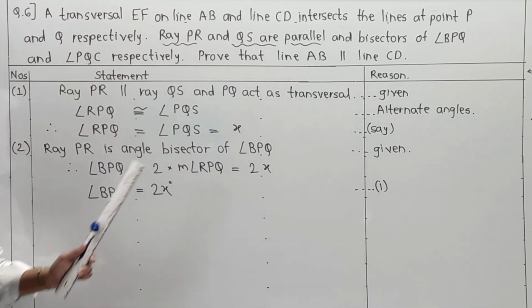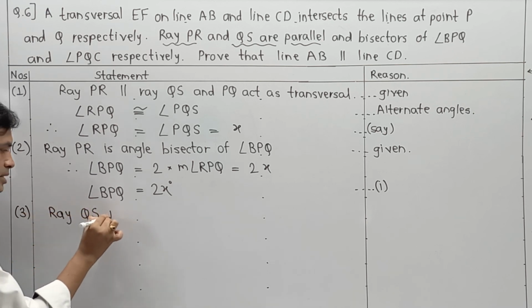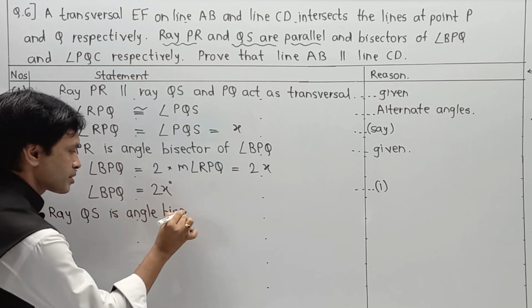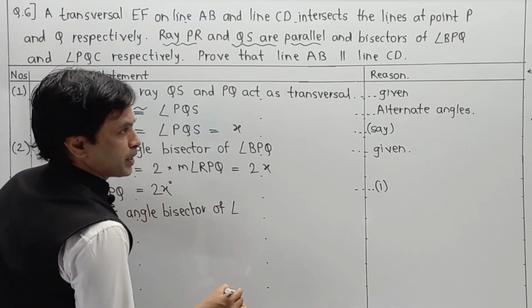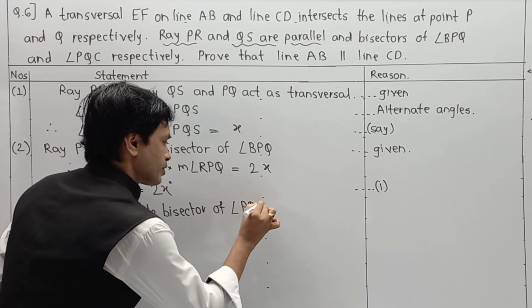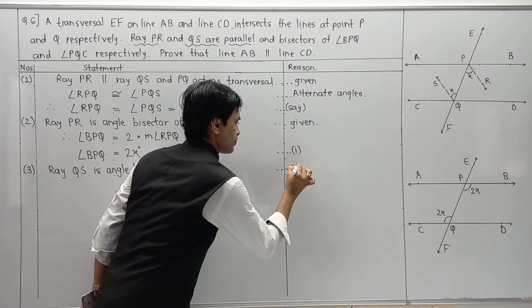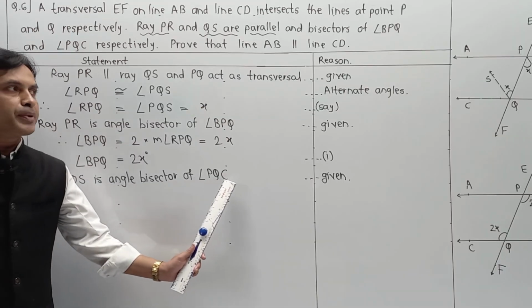Now similarly, we are going to write for the second part. Here they have also given ray QS is angle bisector of angle PQC. They have given this, so I am going to write it as given. Ray QS is angle bisector of angle PQC.